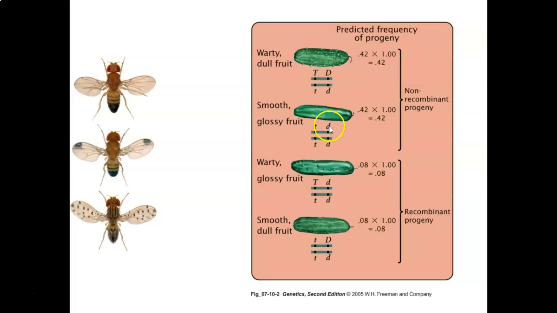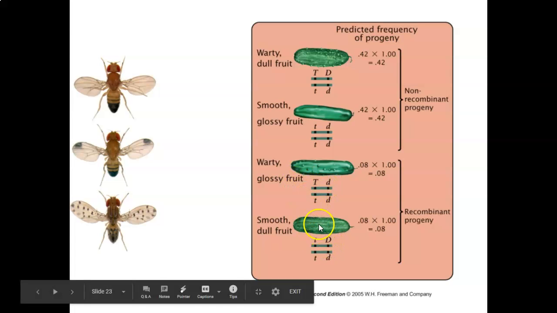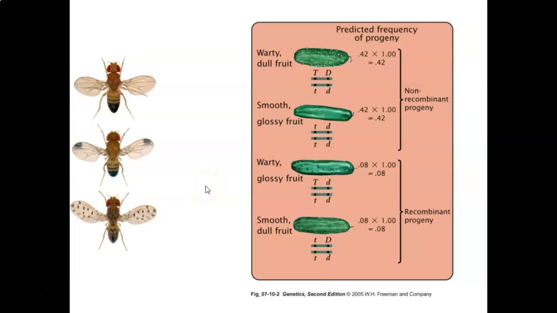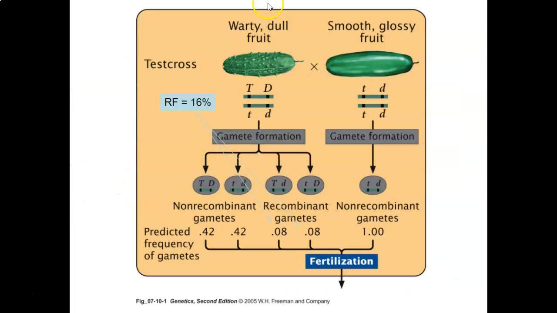Okay, so you have what you would expect to see, and then you have your recombinants. Now, I was telling you earlier that the recombinants are always the ones that don't look like the parents. Well, in this case, that's exactly right, because your parent is warty and dull and smooth and glossy, right? And you see that on the previous slide, warty and dull, smooth and glossy.